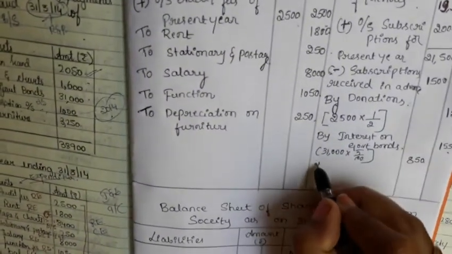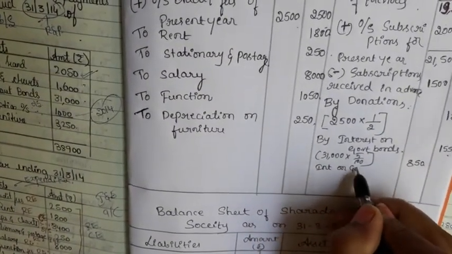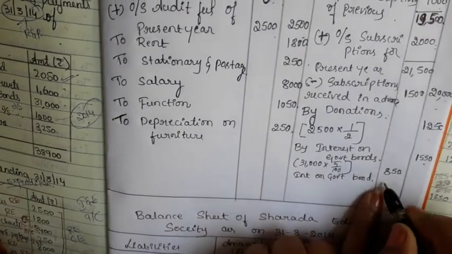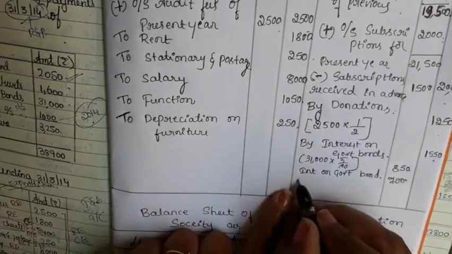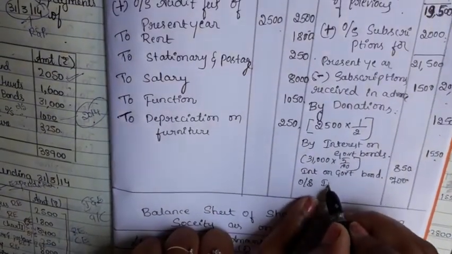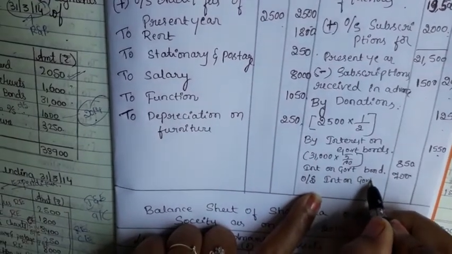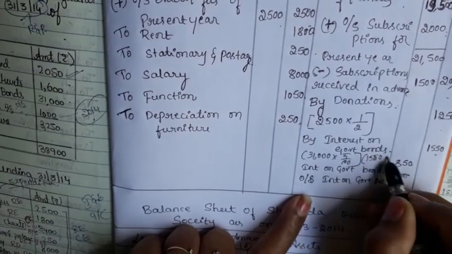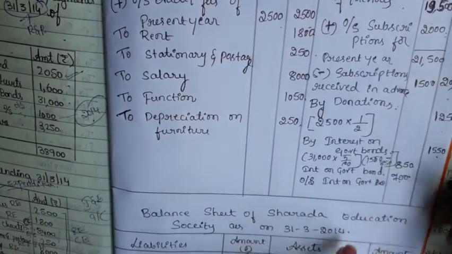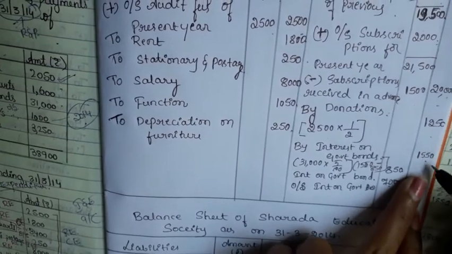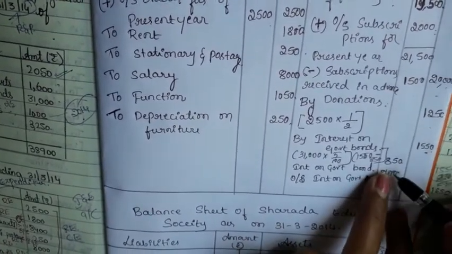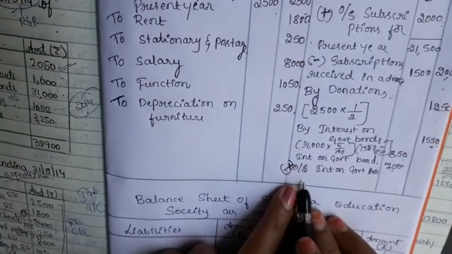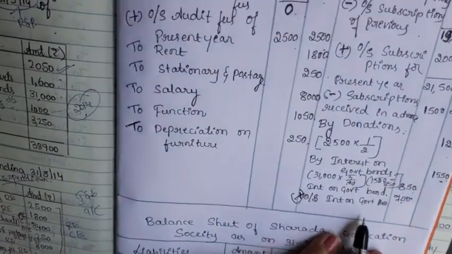Remaining amount of 700 should be outstanding interest on government bond. It is the difference of 1,550 minus 850. So the total amount of interest on government bond generated is rupees 1,550, but we have received only rupees 850. Remaining 700 rupees is considered as outstanding interest on government bond.